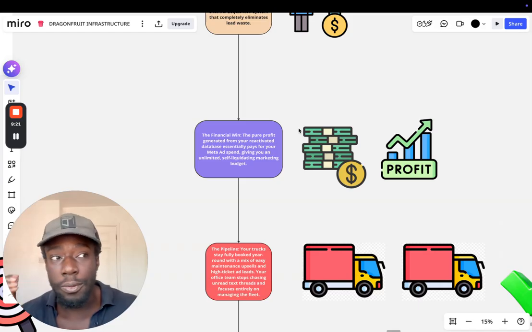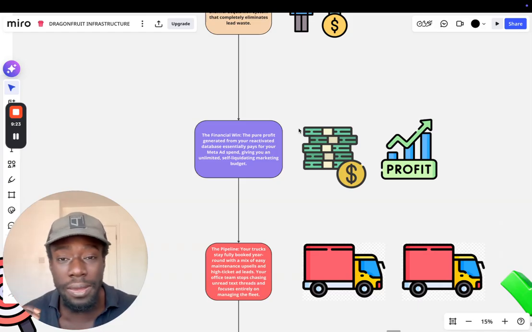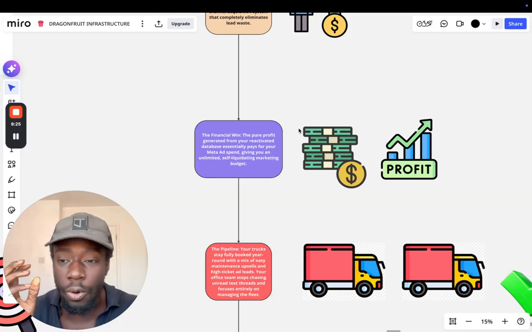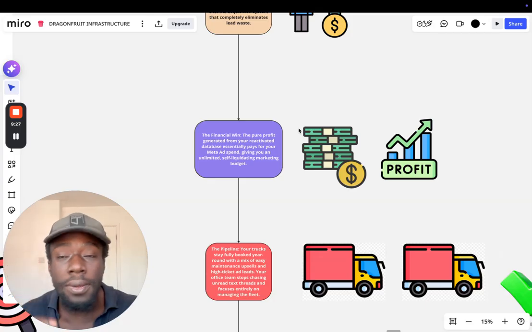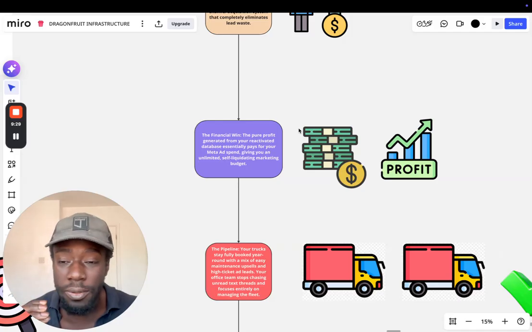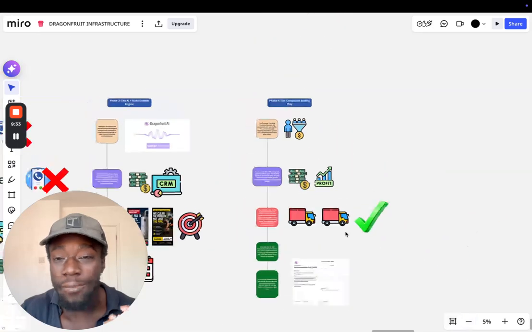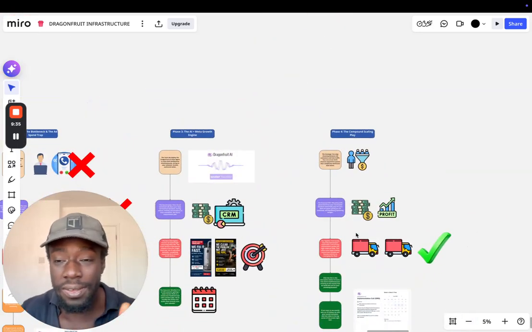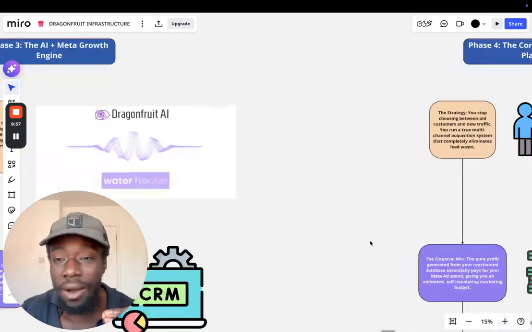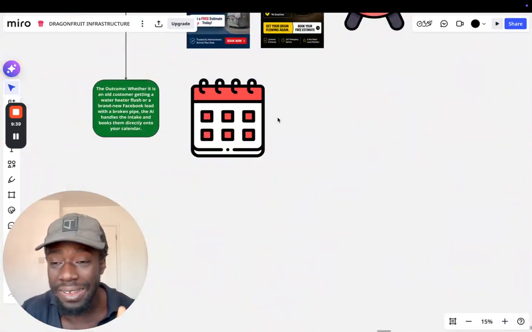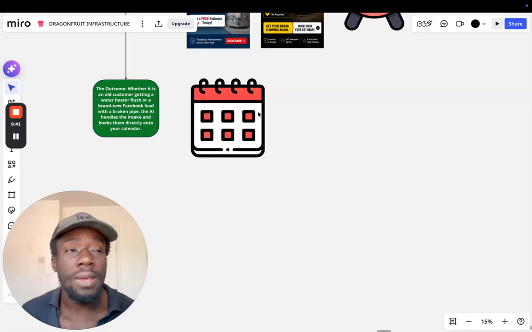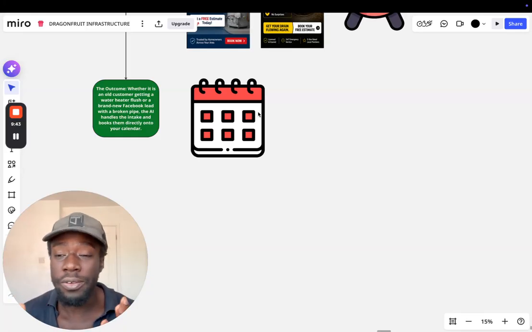And it allows you to scale to multi-seven figures very comfortably, because your cost per lead is very low and your cost per booked estimate is very low, because you're being very efficient. The AI is reaching out to all of the leads and making sure that they are getting onto your calendar in the most efficient way possible, in ways that a human can never do.